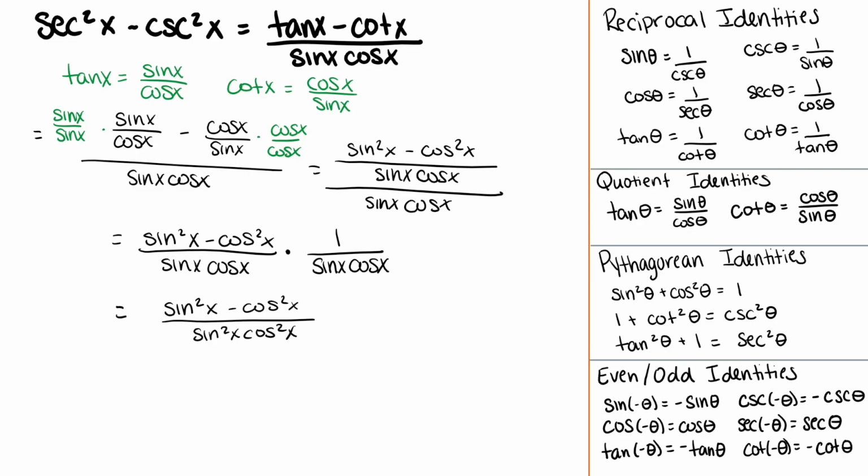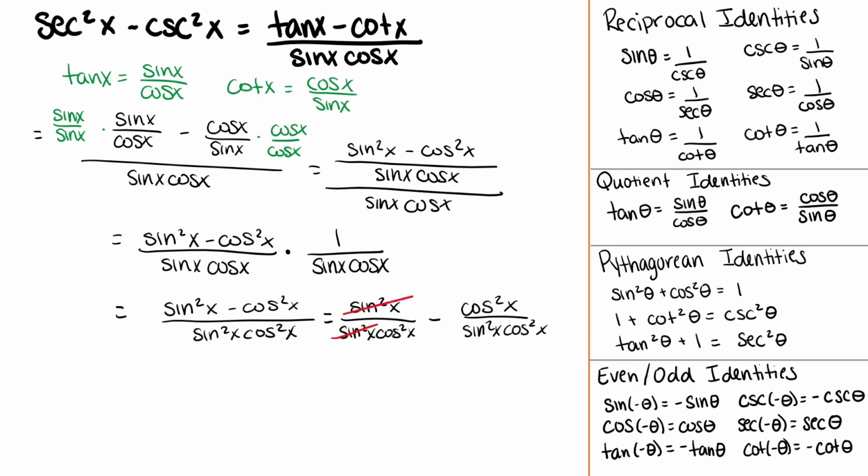We can separate these fractions, and because we have our minus sign in our numerator, we can rewrite this as sine squared x over sine squared x cosine squared x minus cosine squared x over sine squared x cosine squared x. So now this allows us to simplify.